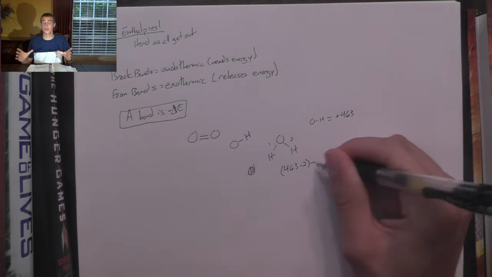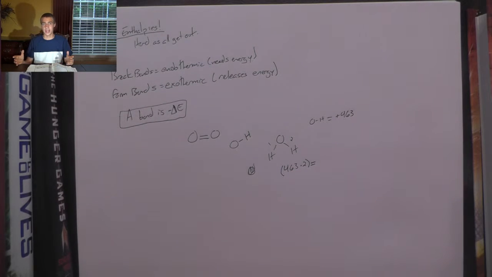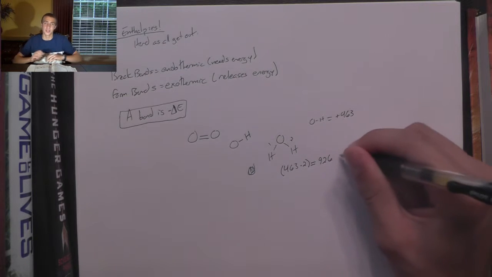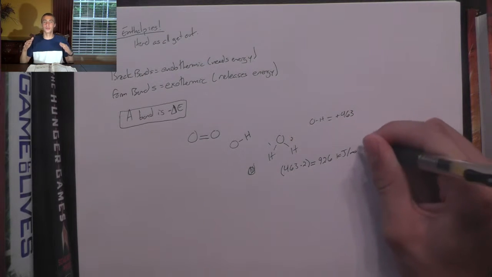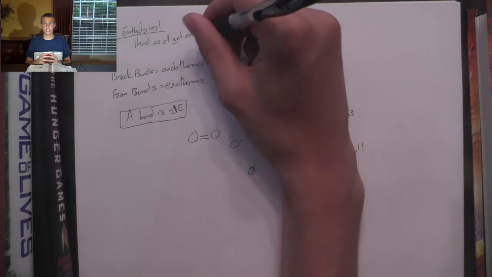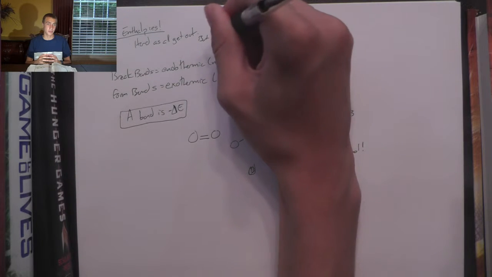If you look at the structure of H2O, you have your O in the middle, two H's each connected by a single bond. So you add them together because you have two O-H bonds, so you just multiply by 2 and you get 926 kilojoules. That's going to be what it takes to split H2O into its component parts.